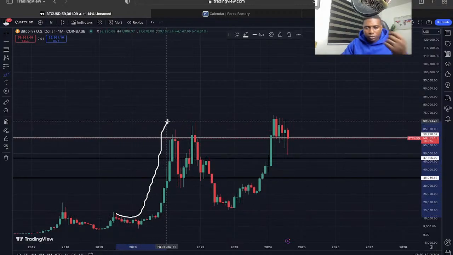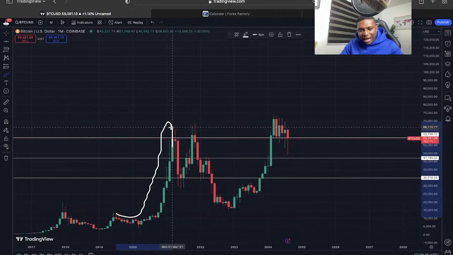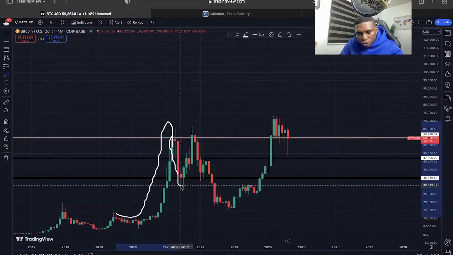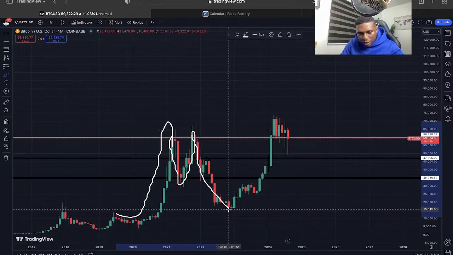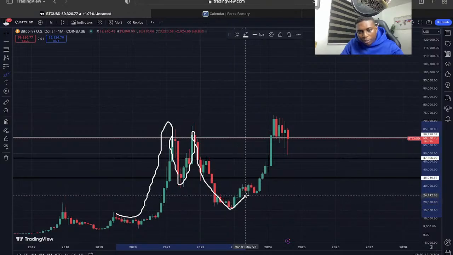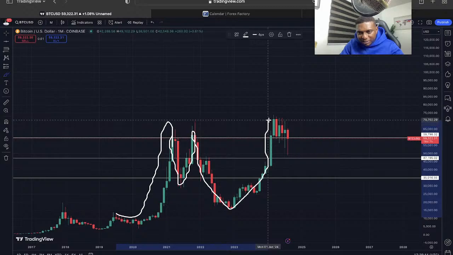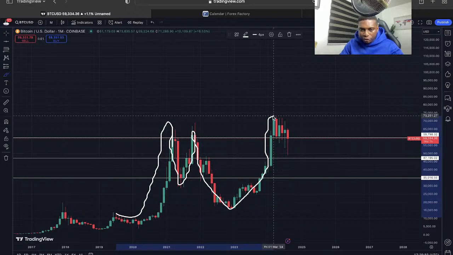It went up as high as 60k in 2021, came down to 30k in that same 2021, went up again in October 2021, then went further down in November 2022, picked up and went as high as 70k in March 2024, after which a lot of retracement greeted BTC.